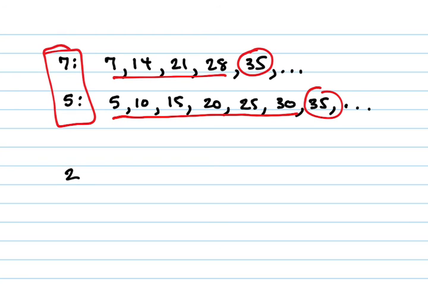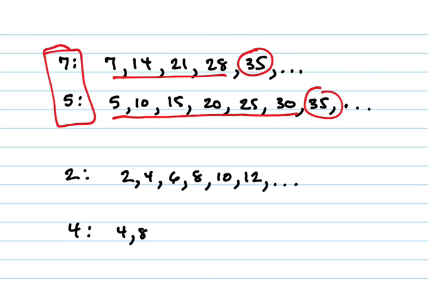So say we have 2 and 4. That's a good one. So 2 is 2, then 4, then 6, then 8, then 10, then 12, and etc., right? 4 is 4 and 8, then 12, then 16, and then they go on forever.